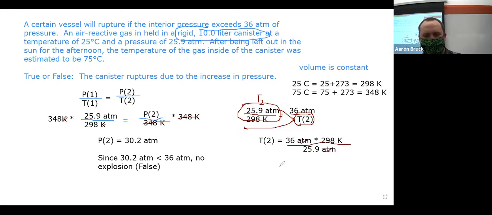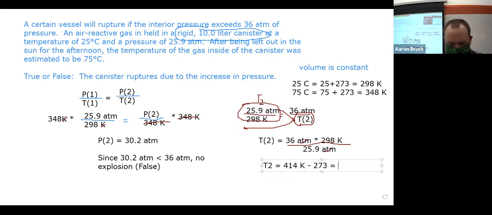Atmospheres cancel. 36 times 298 divided by 25.9 would give us a T2 of 414 Kelvin, which would be minus 273, 141 degrees Celsius.